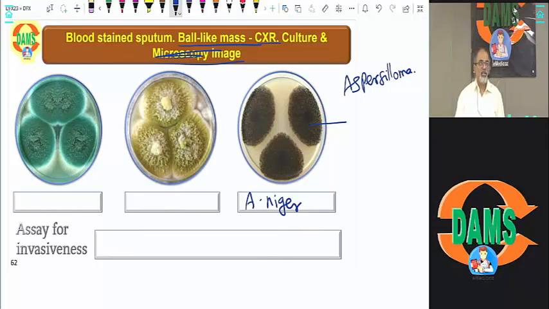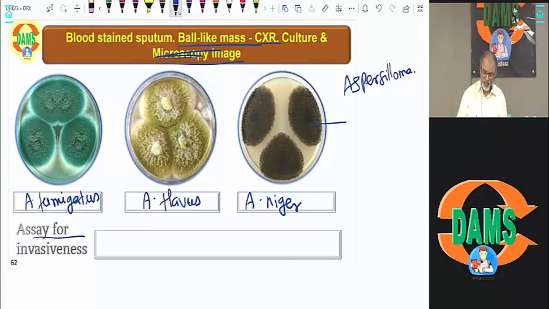Yellow: Aspergillus flavus. Flav means yellow color. What is green? Aspergillus fumigatus, tan green. Green fumigatus, flavus yellow, black niger.